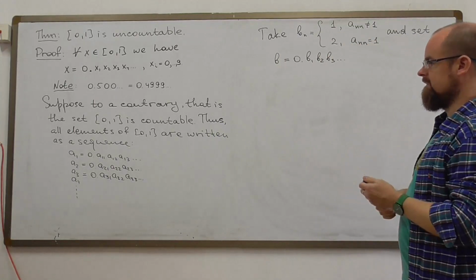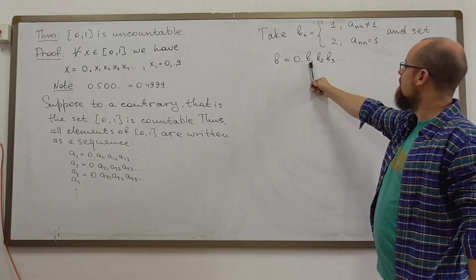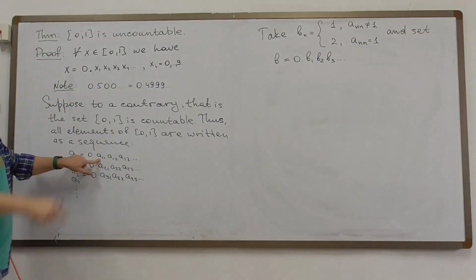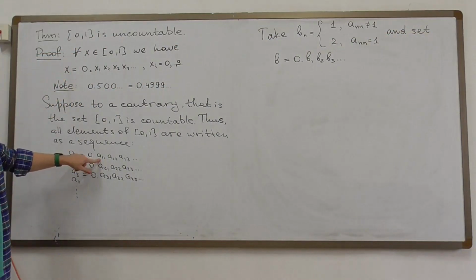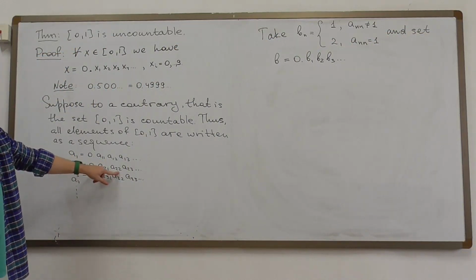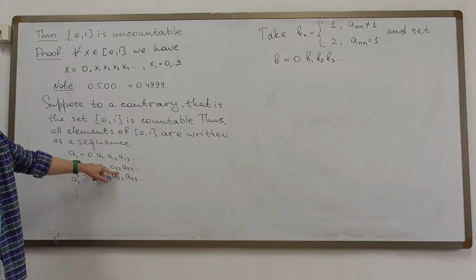As we can see, the first decimal place in B is distinct from A11 by construction. So B does not equal A1. The second position, B2, is not the same as A22.